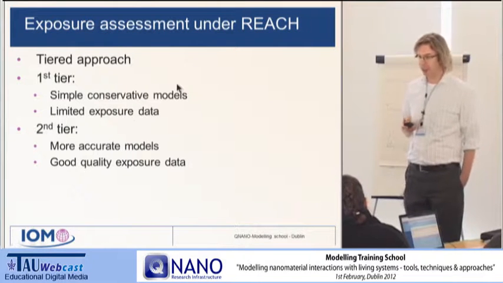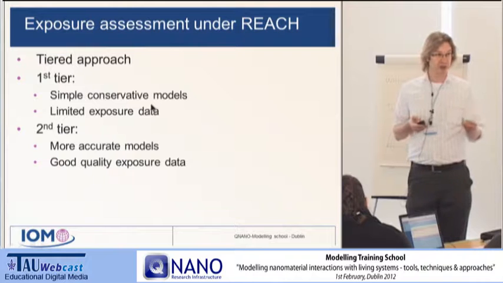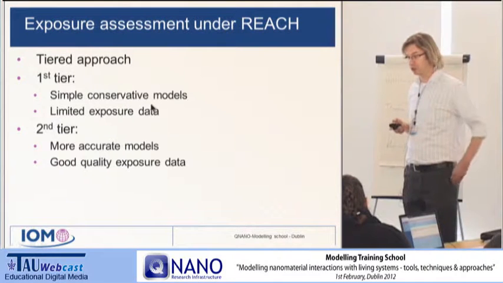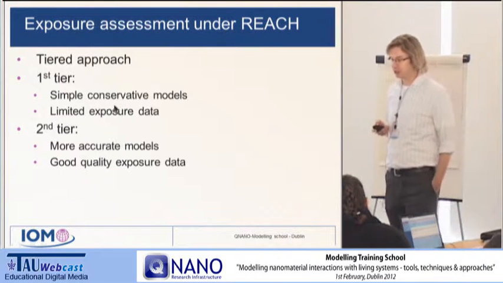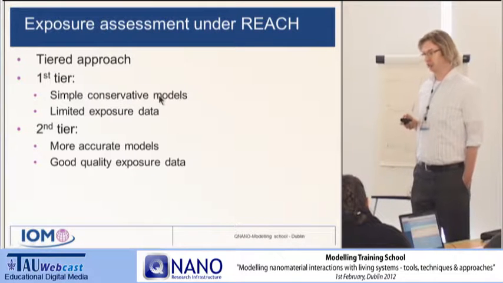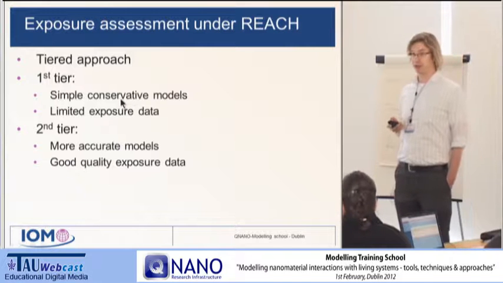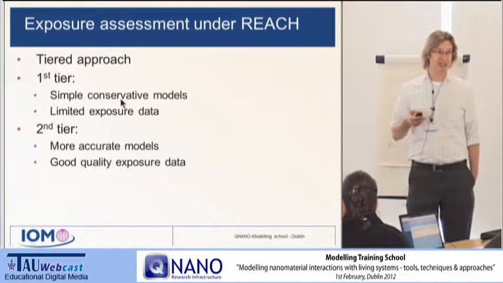It means that the first assessment that you do to see what the risks are for a certain chemical or agent in a certain scenario is to apply simple first-tier screening models that allow you to get a conservative estimate of exposure. What I mean with conservative is that it's an overestimate.